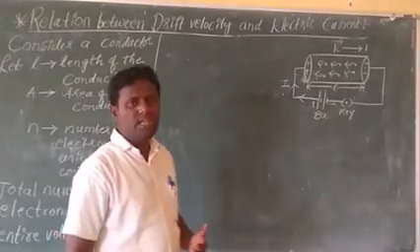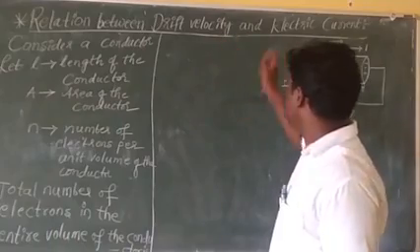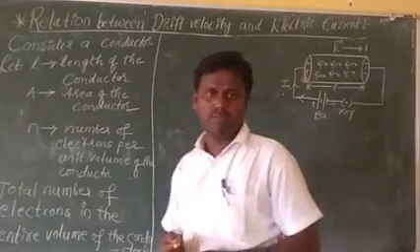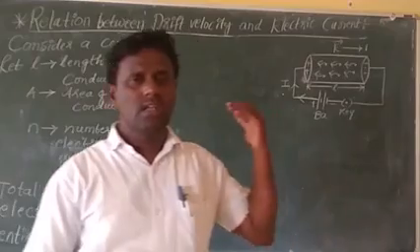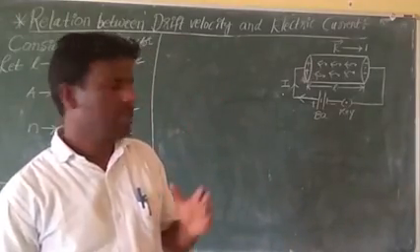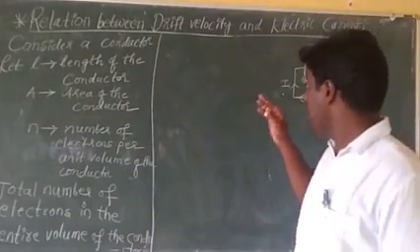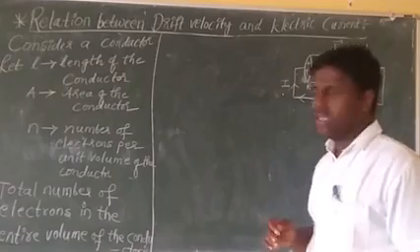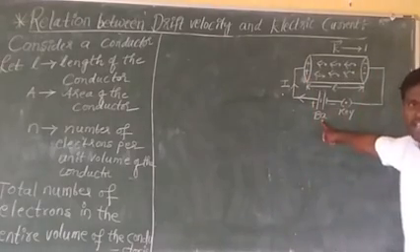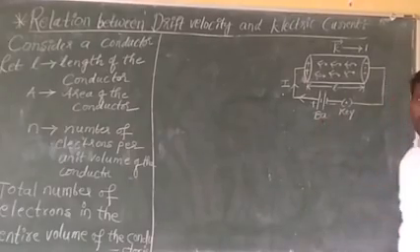Now I am discussing the relation between drift velocity and electric current. For that I first consider a conductor. Its length is L, area is A, and E is the electric field applied on this conductor. Here BA represents the battery eliminator, and the key is the plug key.